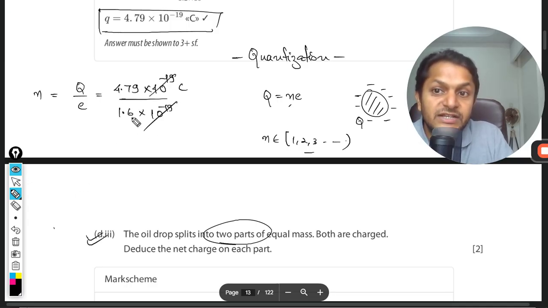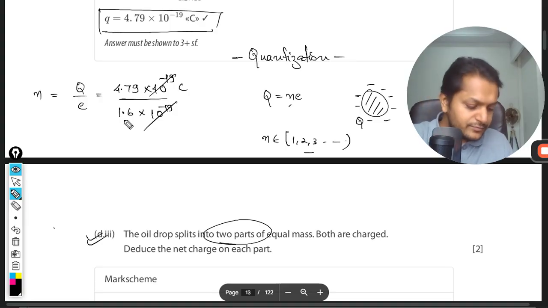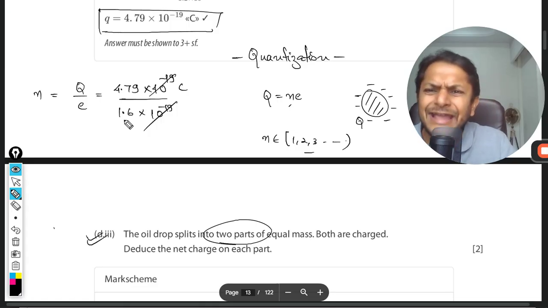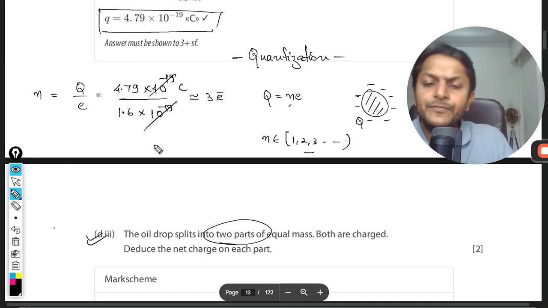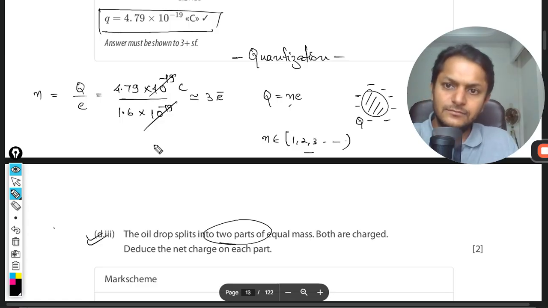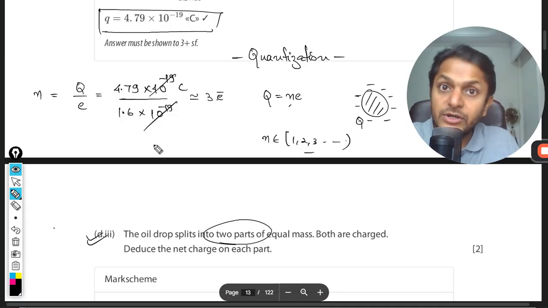So something is happening here, isn't it? What is this value? 4.79 divided by 1.6. I am literally getting 2.99. So we can just imagine it to be 3 electrons. So there are overall 3 electrons in the drop.